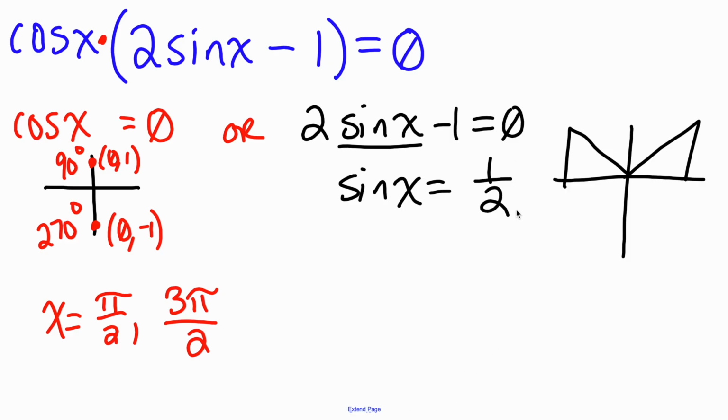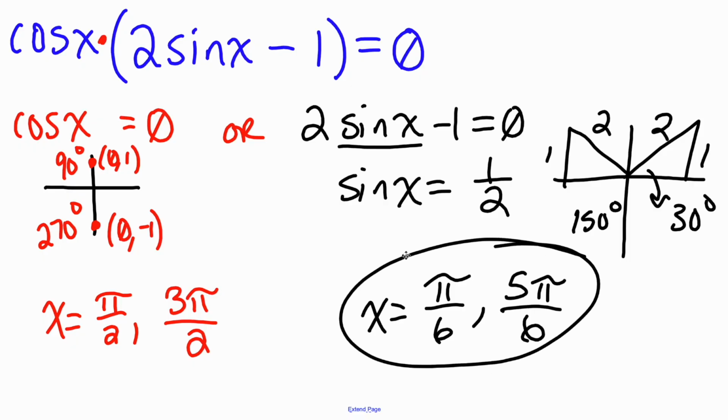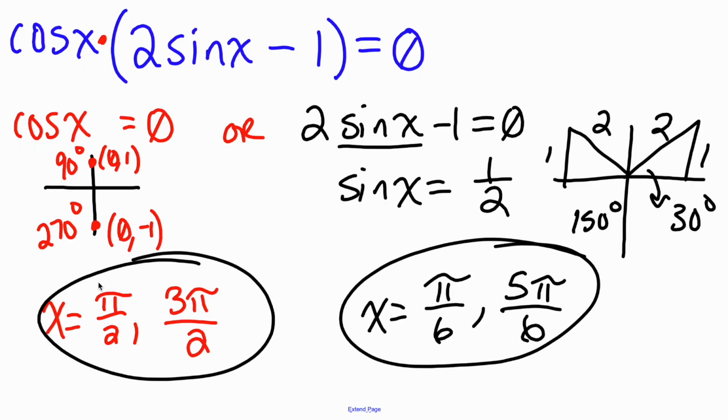Sine is opposite over hypotenuse, and you should recognize by now that this is a 30-degree angle. Over here, the corresponding angle is 150 degrees. In radians, remember the final answer needs to be in radians: pi over 6 and 5 pi over 6. There are your answers for that problem.